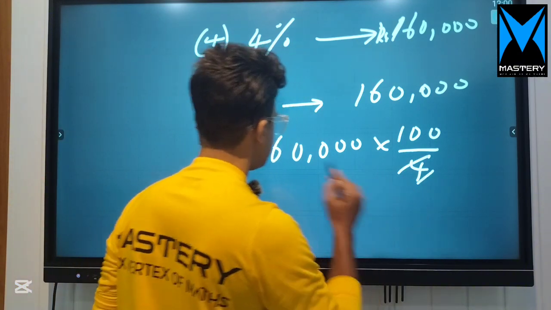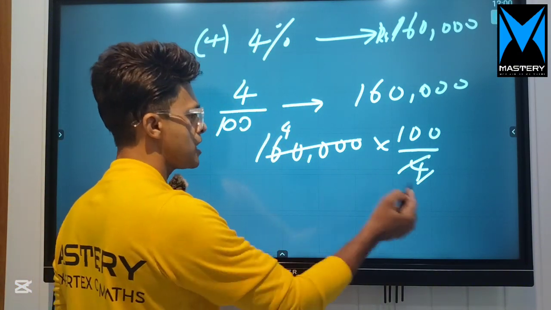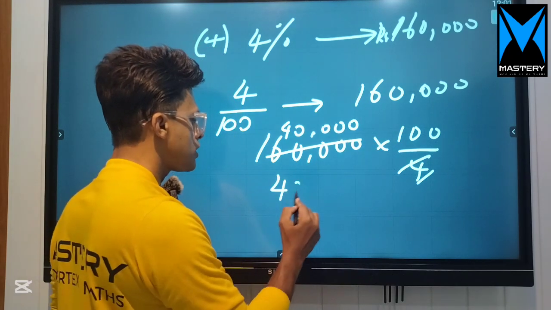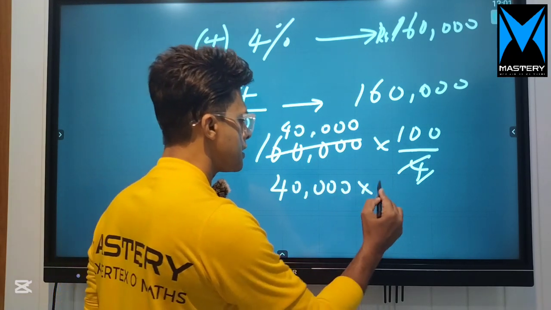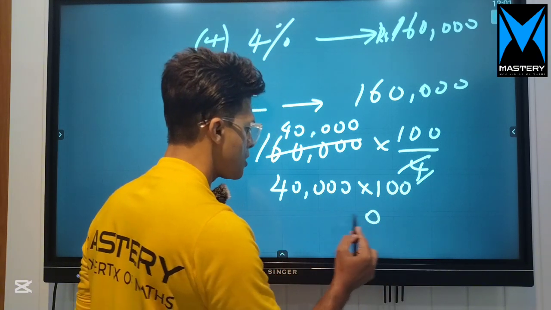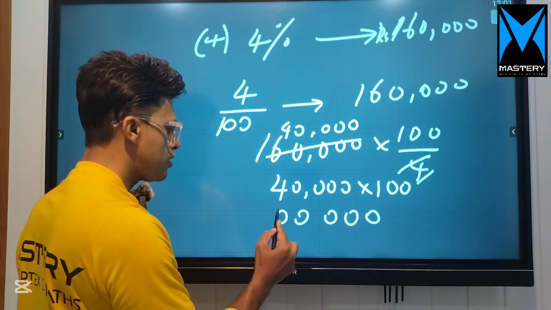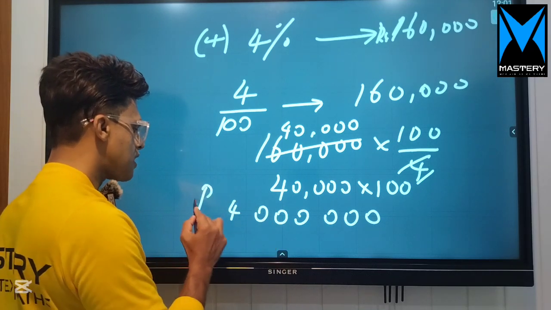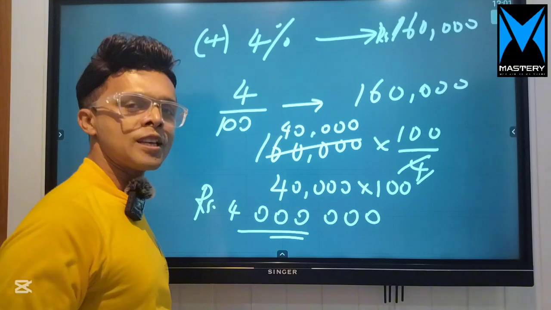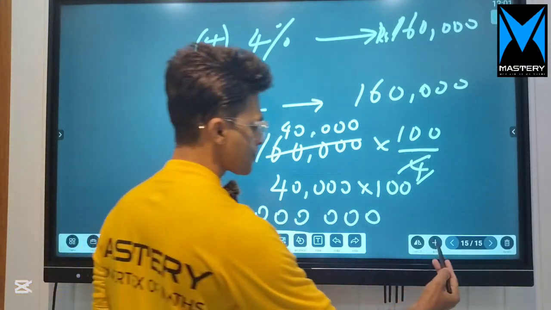So 16 upon 4 is 4, then 40,000 here, then 40,000 times 100 here. Then how many zeros here? 1, 2, 3, 4, 5, 6. So the selling price of that car is 4 million rupees. Okay, 4 million rupees. Yes.